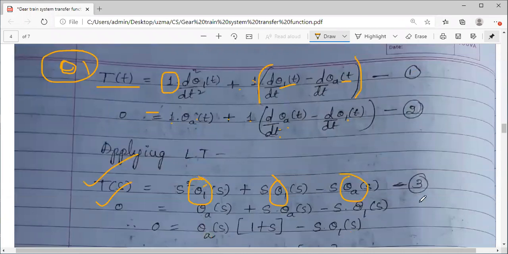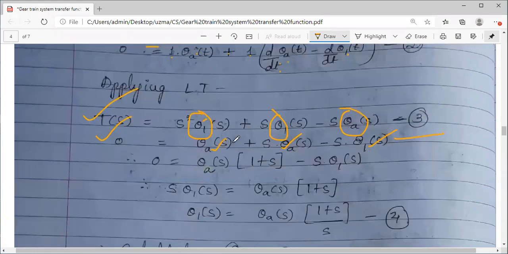Having applied the Laplace transform, in equation 2 you have theta A and theta 1. So from this second equation, I will solve and try to find out the theta 1 value. If I can do that, I can replace it in equation 3, because I don't want theta 1. I want theta A. Theta A is related to theta 2.